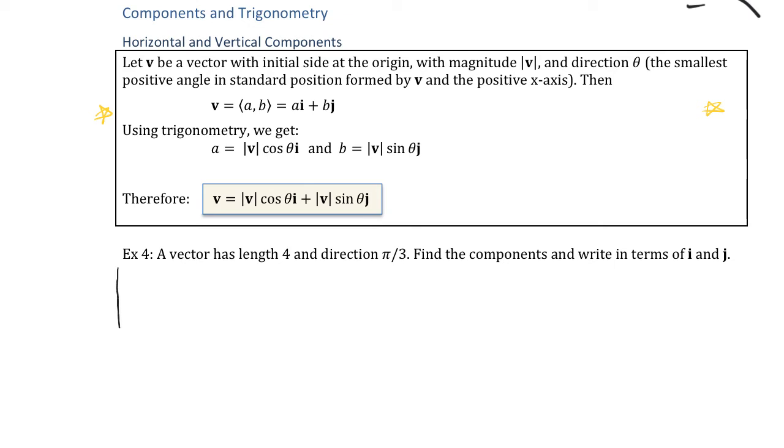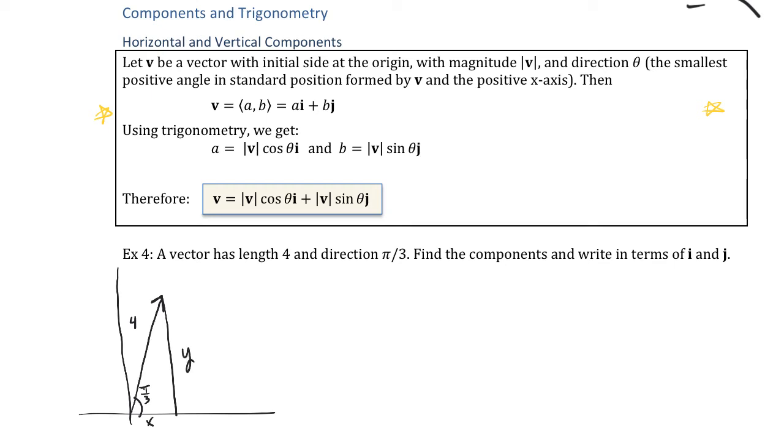So I have this situation where I have a vector, and its length is 4, and its angle is pi over 3. Okay. Now let's say that I wanted to think about that in terms of its horizontal component and its vertical component.